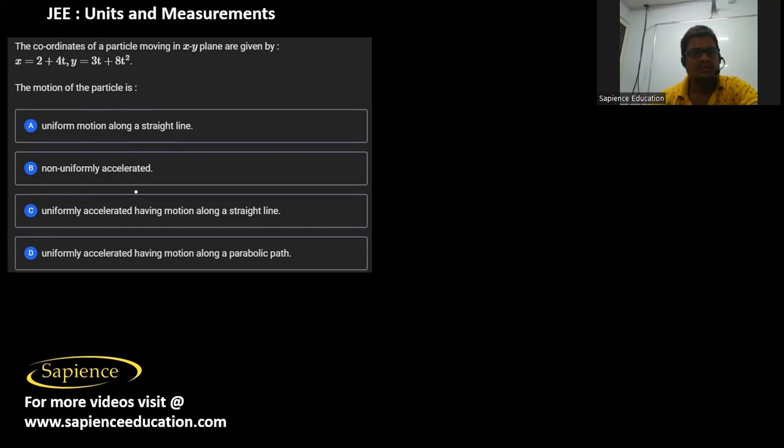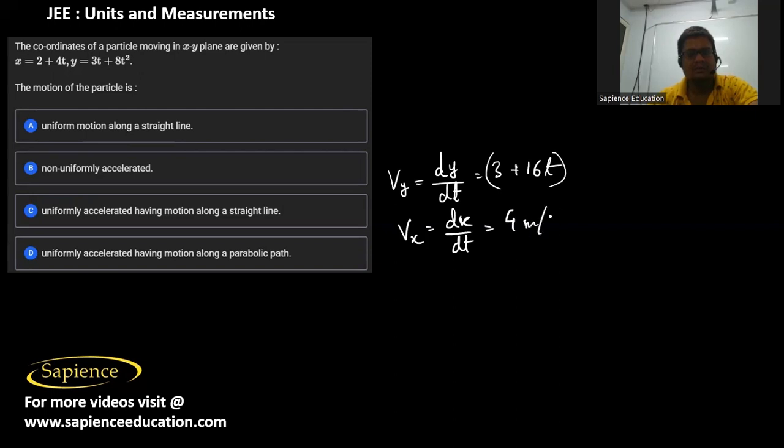Obviously along the y-axis the velocity is 3 plus 16t, and the velocity along the x-axis, dx by dt, is equal to 4 meter per second. The acceleration along the x-axis is 0, and the acceleration along the y-axis is 16 meter per second square.